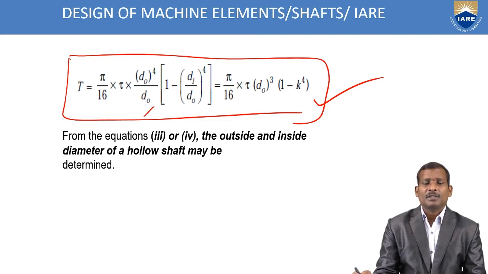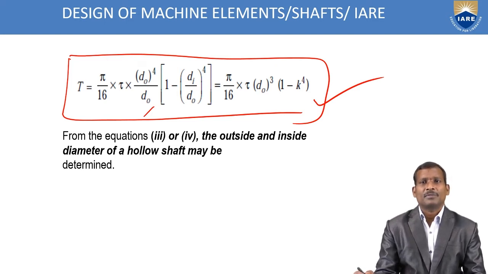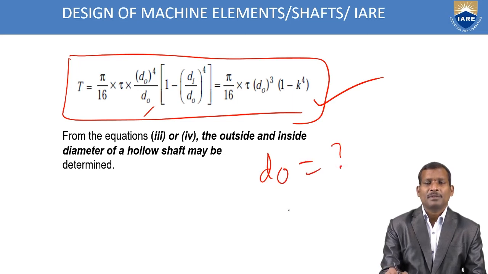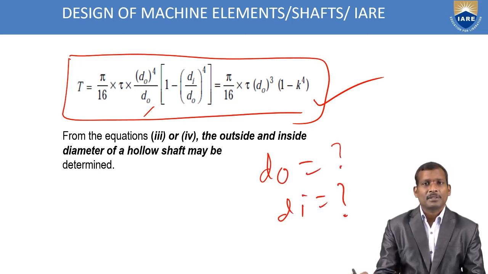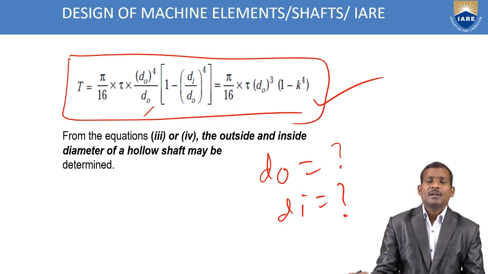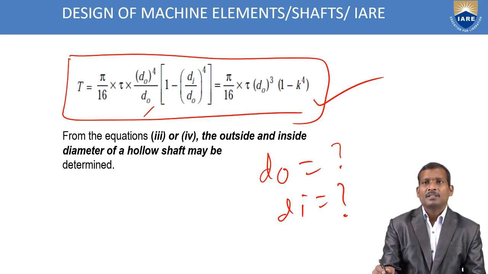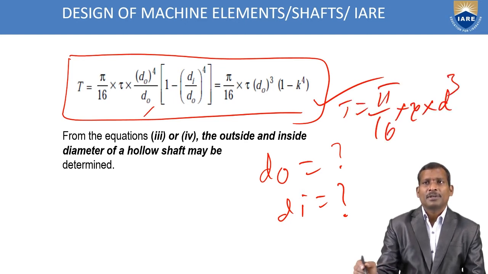From the above two equations, the third and fourth, the outside and inside diameter of a hollow shaft may be determined. Here you should calculate the outer diameter d_0 and the inside diameter d_i of the shaft. In the previous case, the solid shaft has only one diameter, the outside diameter d, and you determine it using the equation T is equal to pi by 16 into tau into d cube.